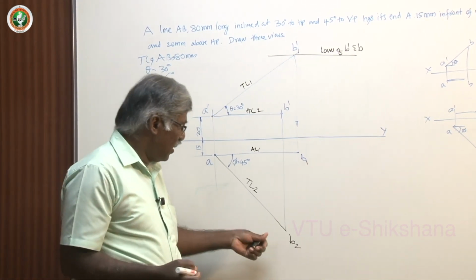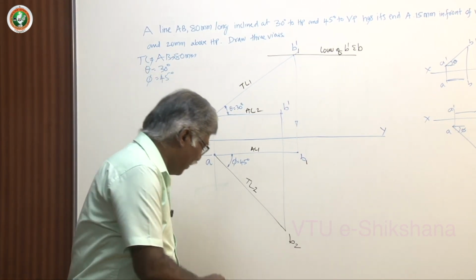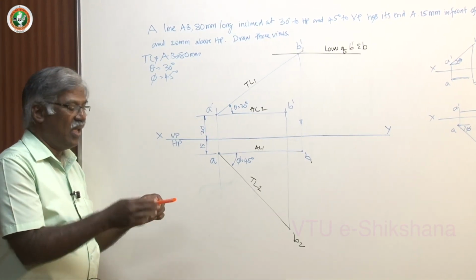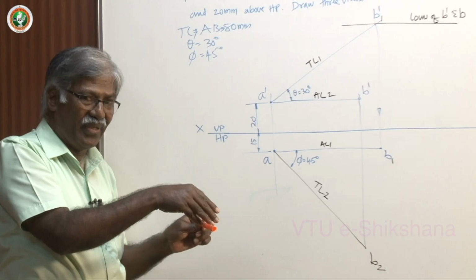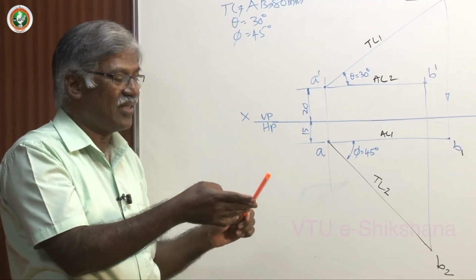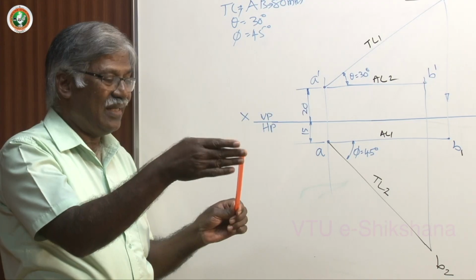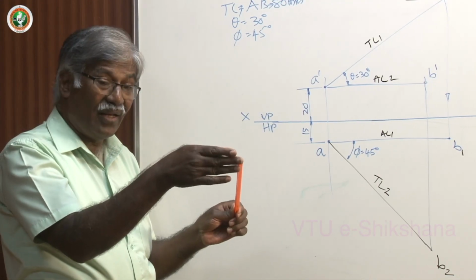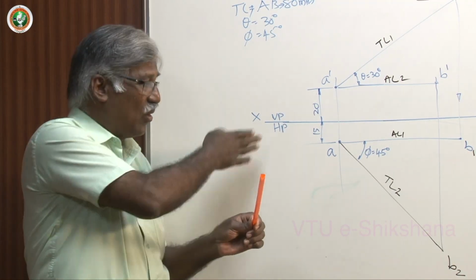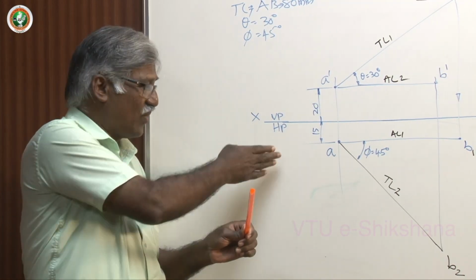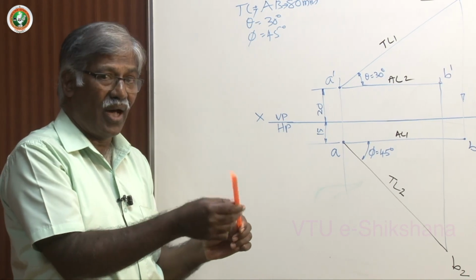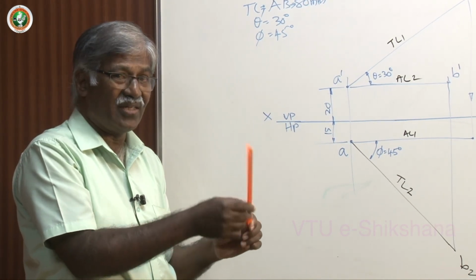Now, in the same way, if I keep this stick here and fix one end, maintaining inclination to VP at 45 degrees or whatever is given, and start giving inclination to HP, the moving end locus, or the plane on which it is moving, is parallel to the XY line. That means the distance from VP to this point never changes, even though it moves up as inclination to HP is given.